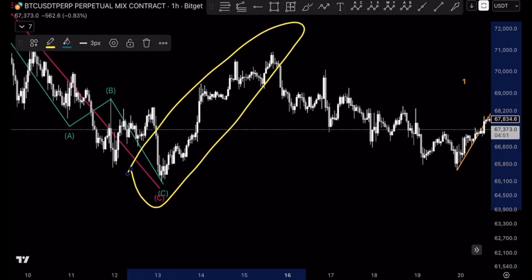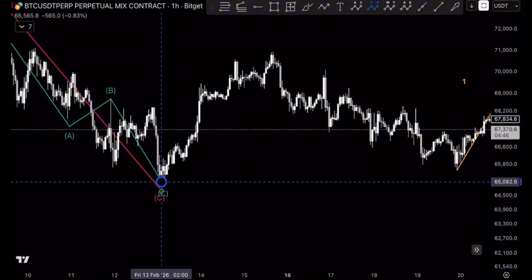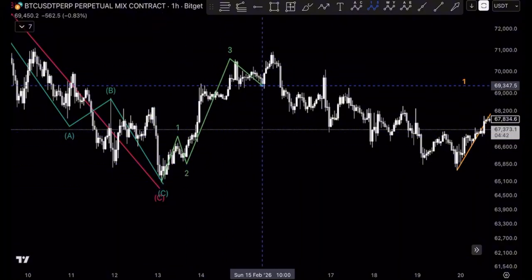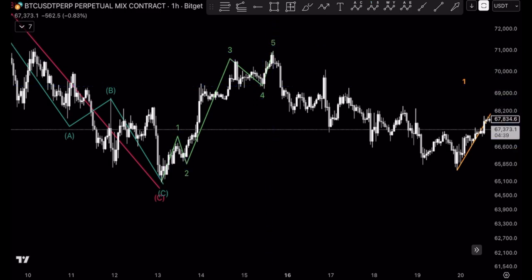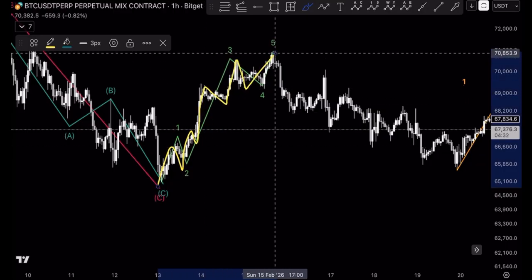I'm going to mark 1, 2, 3, 4, 5. No doubt we have 1, 2, 1, 2 here, 1, 2, 1, 2, 3, 4, 5, 4, 5. But I'm just going to use that green 1, 2, 3, 4, 5 as a completed wave.